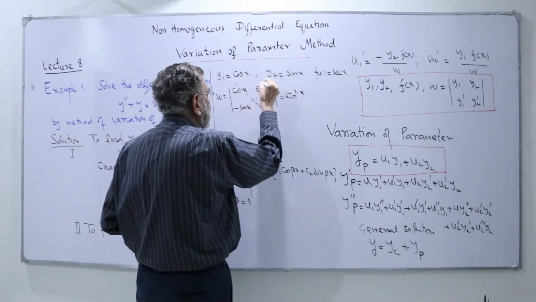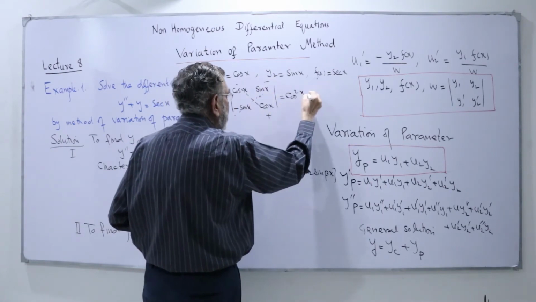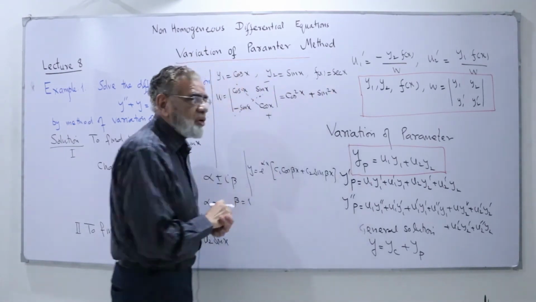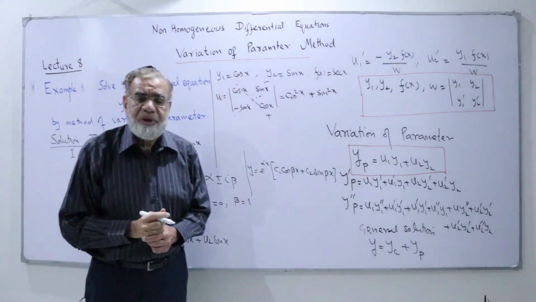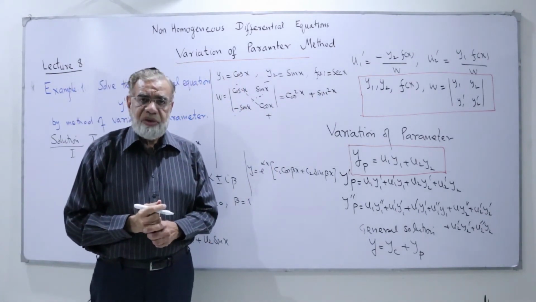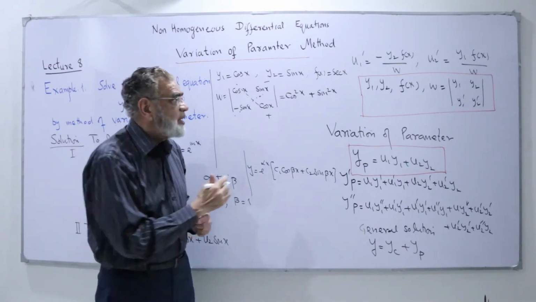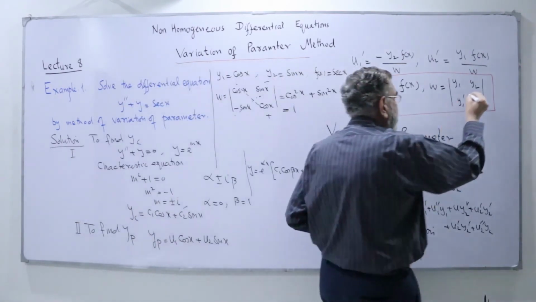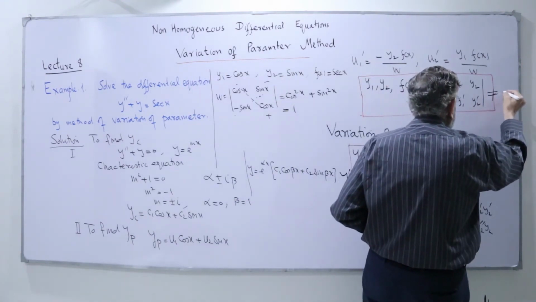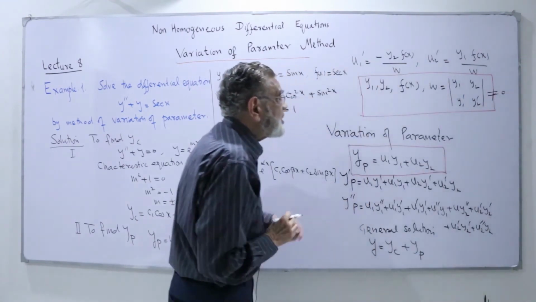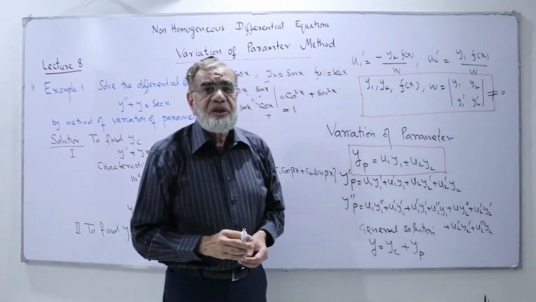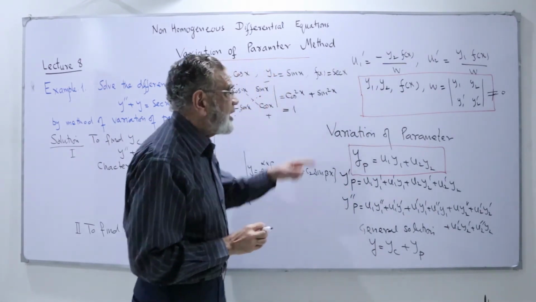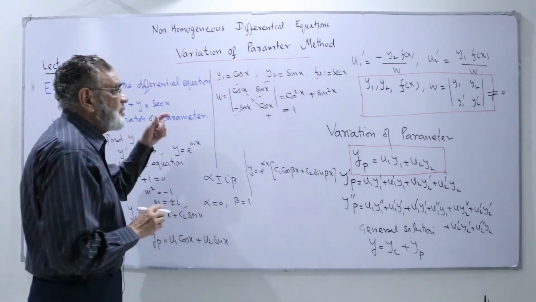And we take this determinant multiplied by the negative sign, minus minus becomes plus, and sine square x. You know the identity: cosine square x plus sine square x is equal to 1. We have the condition that the Wronskian must not be equal to 0, because we use it in the denominator. When this is 0, then there is no solution. So it's not equal to 0, it's equal to 1. It means we have the data.